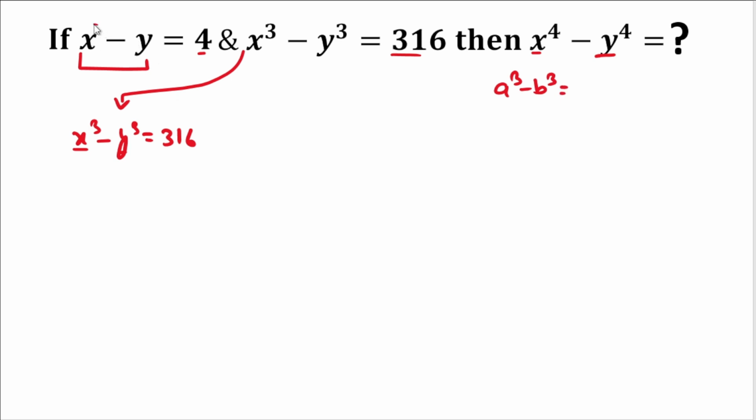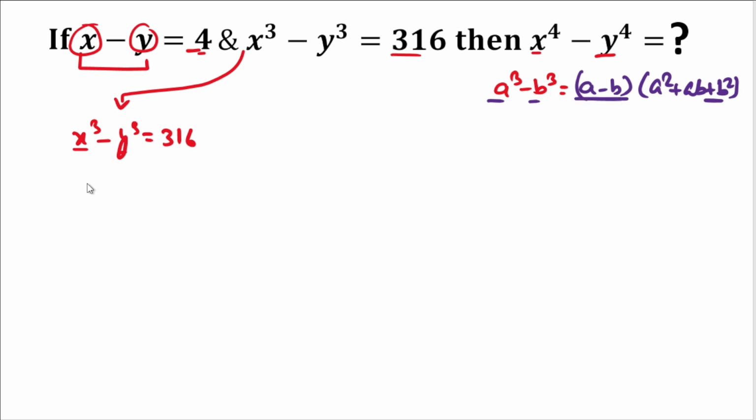Here we have the value of a minus b, which is 4. So the formula is a minus b multiplied by a square plus ab plus b square.